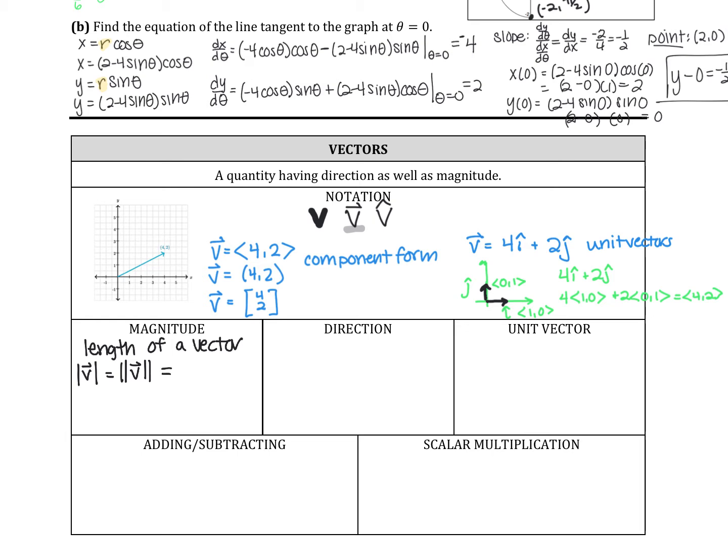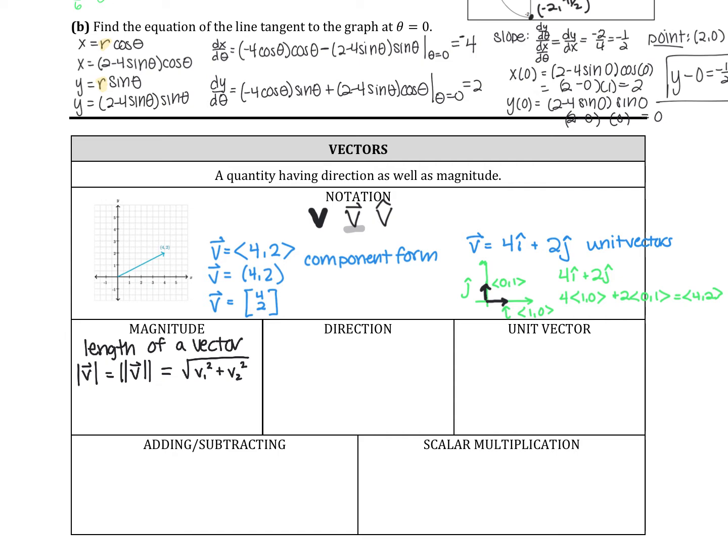And the way we find the magnitude is the magnitude will be the square root of each of the components of the vector. So in our vector v, our component 1 squared plus component 2 squared, and the square root of that will be our magnitude.